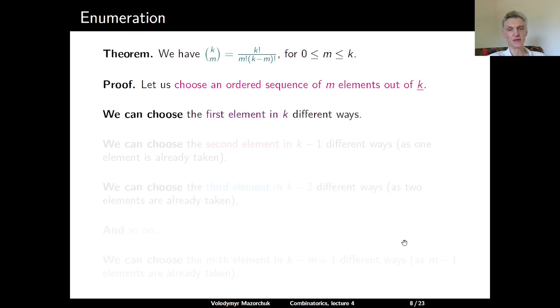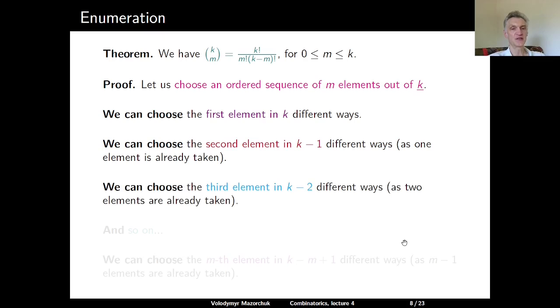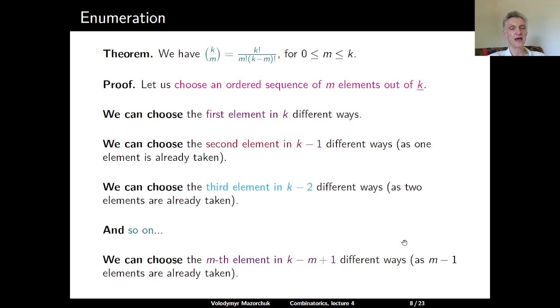We can choose the first element in k different ways. Any element will work. We can choose the second element in k minus 1 different ways because the first element is already taken. One element disappeared. We can choose the third element in k minus 2 different ways, and so on. And we can choose the mth element in k minus m plus 1 different ways, as m minus 1 elements are already taken.